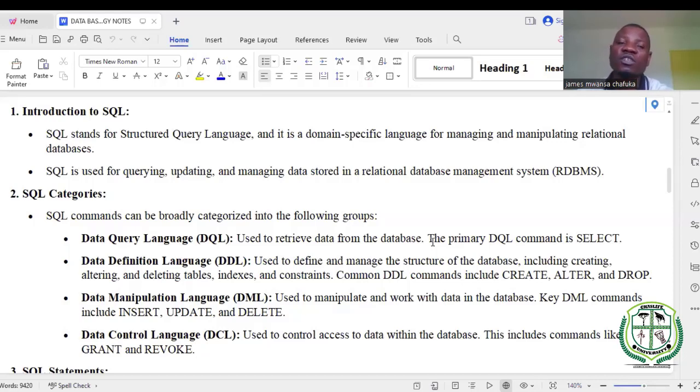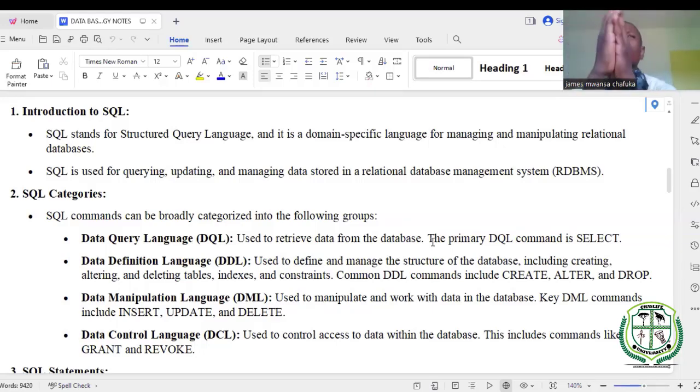Data manipulation language is used to manipulate and work with data in the database.